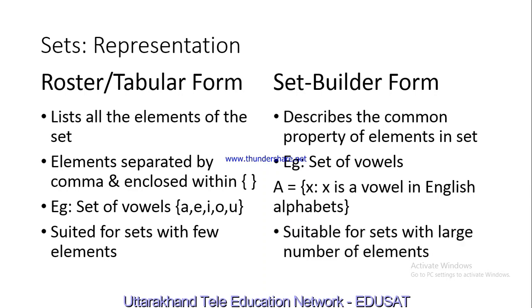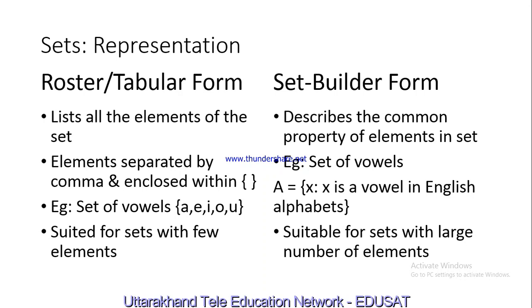Now naturally this particular form is going to be useful when you have got a set with very large number of elements. For example, let's take example of set of all the odd numbers 1, 3, 5, 7, 9, and all the odd numbers mean 1, 3, 5, 7, 9, 11, so on and so forth till infinity.